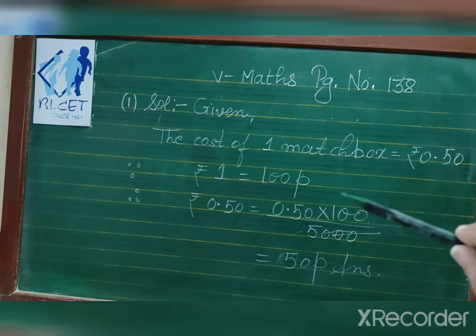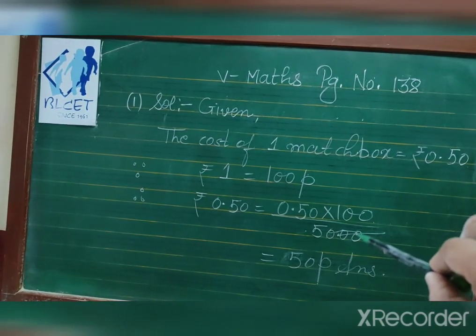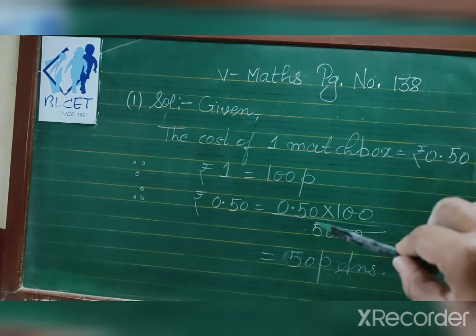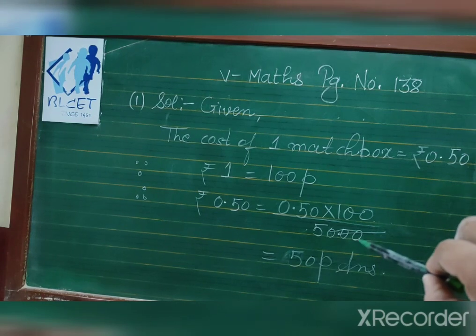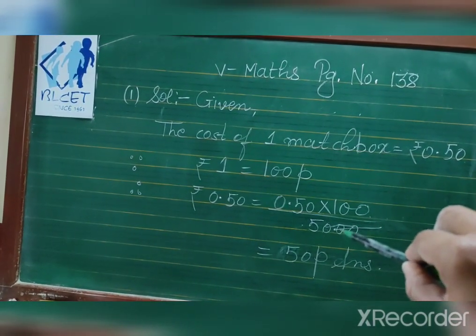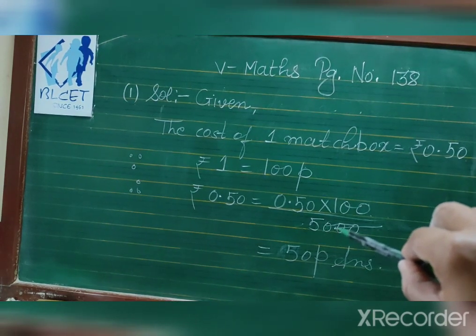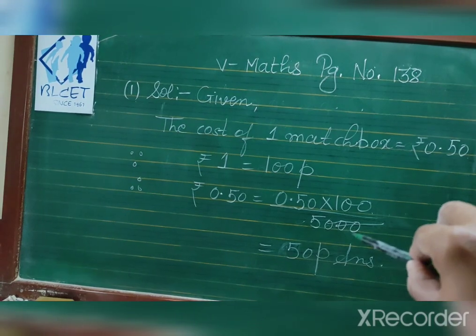So see here, 100 zeros are 0, 100 fives are 500. Before 2 digits, put the decimal point. So 1 digit and the second digit before, you will put the decimal. Because of this decimal we can cancel these 2 zeros.